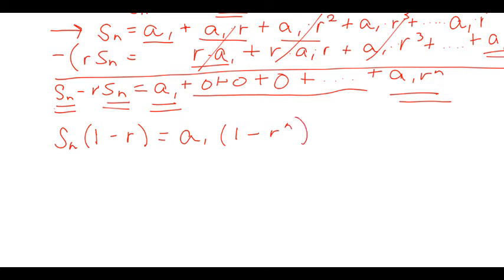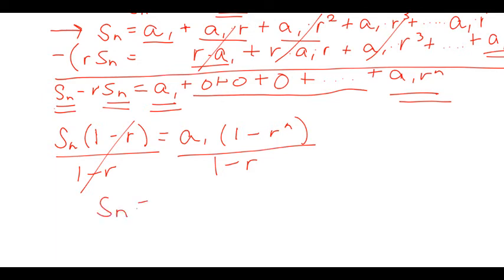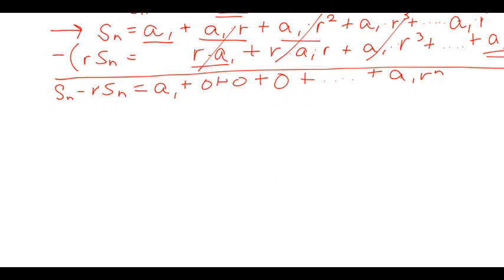Okay? And then to get the sum, I would divide by 1 minus r, and I would get that final formula: S sub n, or the sum of all of the terms in a geometric series, would be a sub 1 times 1 minus r to the n over 1 minus r.